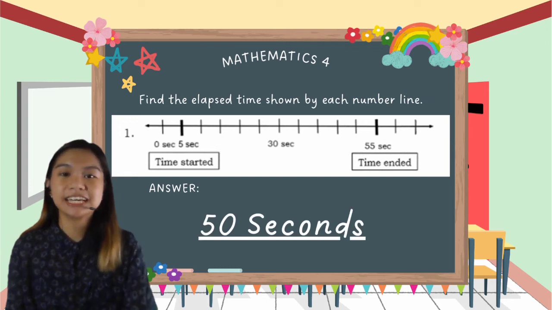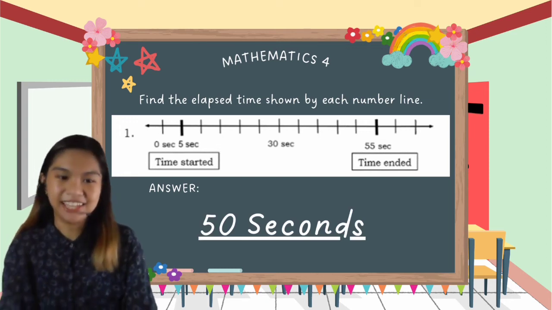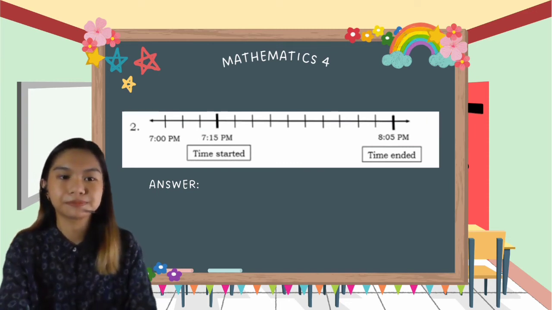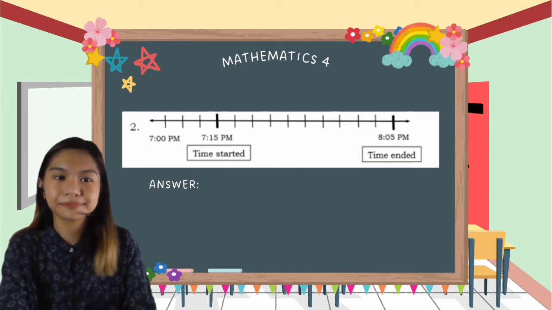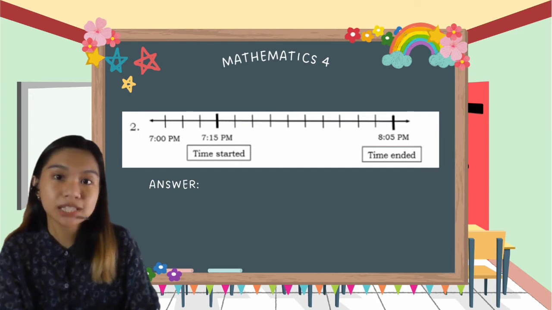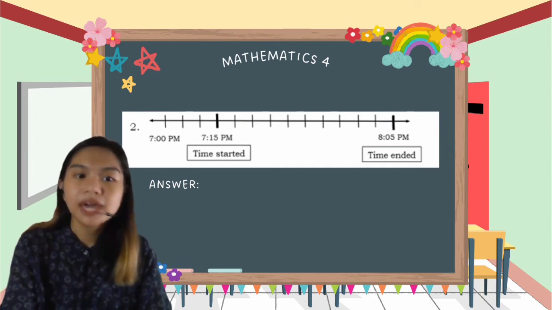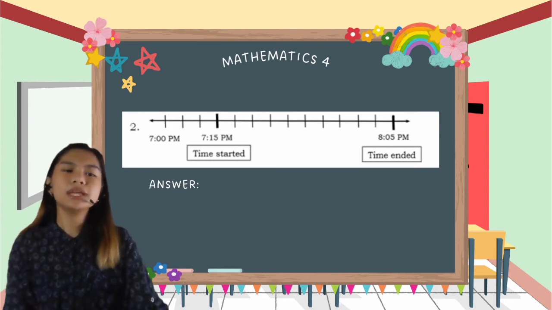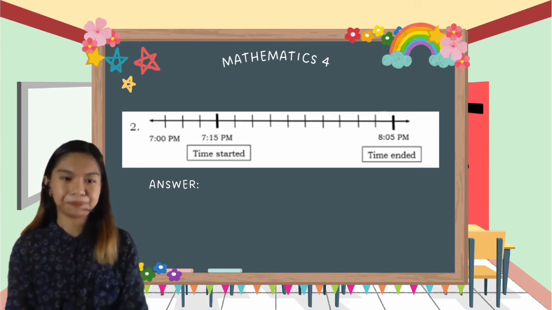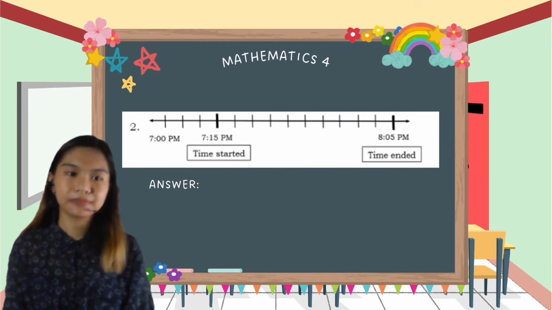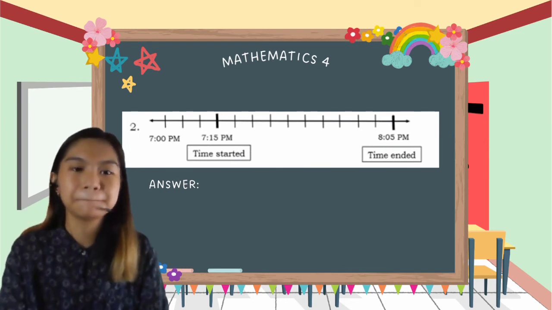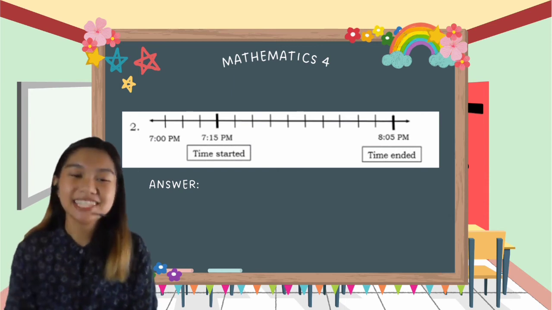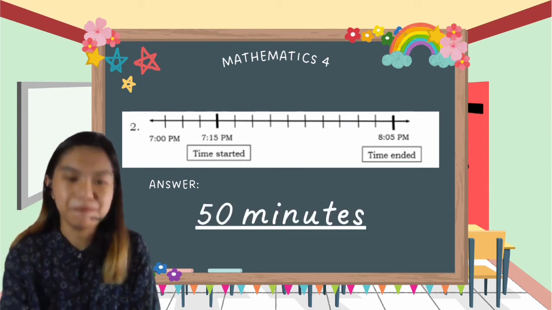The answer is 50 seconds. Okay. How about number 2? So the time started is 7:15 p.m. and the time ended is 8:05 p.m. So, ilan kaya yung elapsed time niya? Yes po. Very good. The answer is 50 minutes.